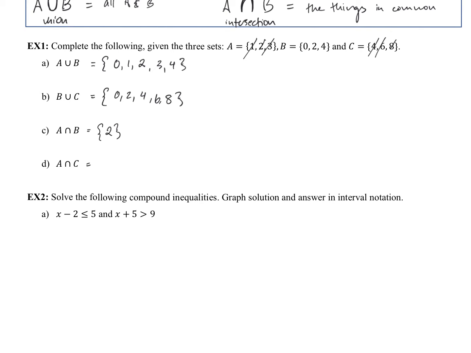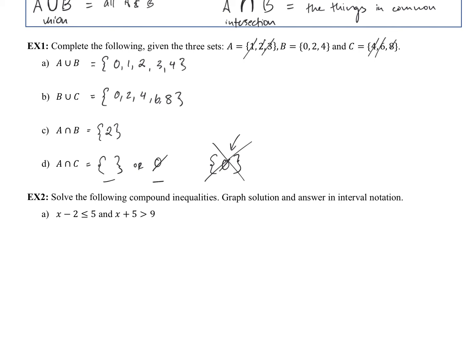Oops, let me fix that. We could do the empty set. They have nothing in common. Or you could do this. Once again, please do not write that because this is actually a set with the empty set in it. Okay, so this is not correct. Choose one or the other for your answer. Once again, please do not use this symbol when writing 0 in math because I will think you're writing the empty set. Make sure to use a nice 0 symbol.